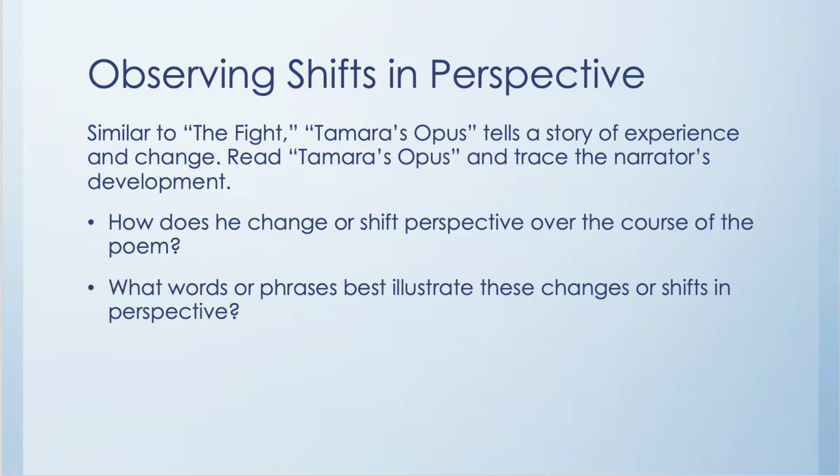How does he change or shift perspective over the course of the poem? What changes do you notice? What differences do you see? That's your first question, and of course, remember to use complete sentences. For the second question, what words or phrases illustrate those changes or shifts in perspective? What words do you see focusing on these shifts?